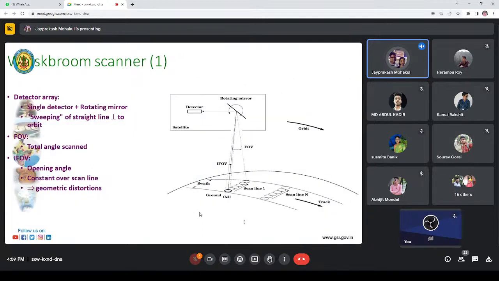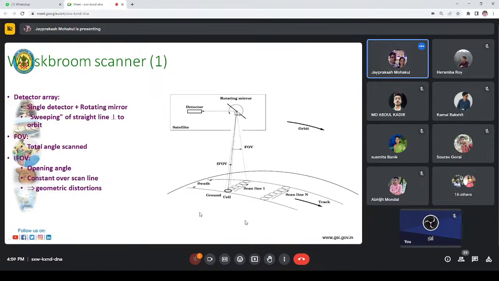Can you see what has happened here? This is the ground track, this is the swath. In case of Landsat or a whisk broom scanner, you have a detector here and a rotating mirror here.